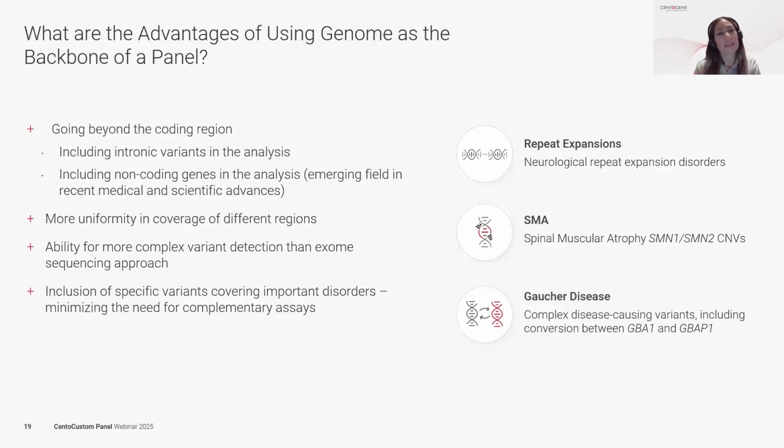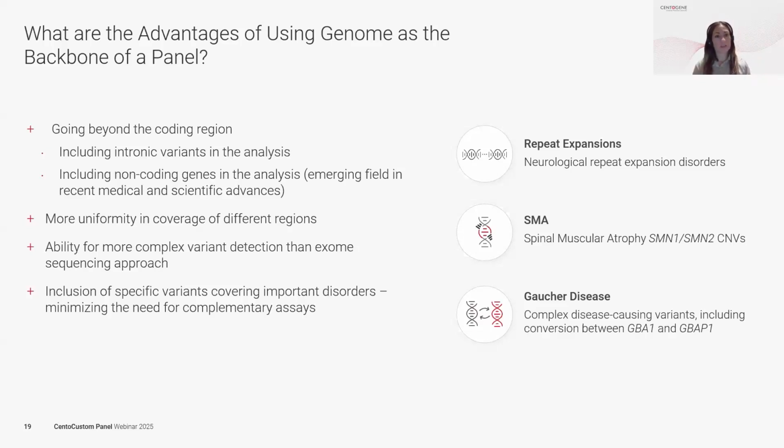So what is the advantage of using genome as the backbone of a panel? First of all, we can go beyond the coding region. This means that intronic variants can be part of the analysis. It also means that we can include non-coding genes as part of the analysis, which is an emerging field in recent medical and scientific advances.